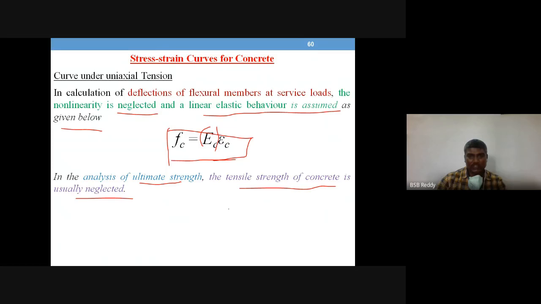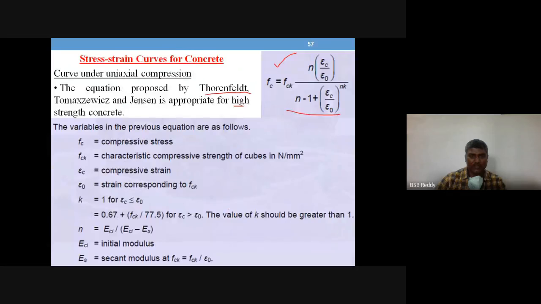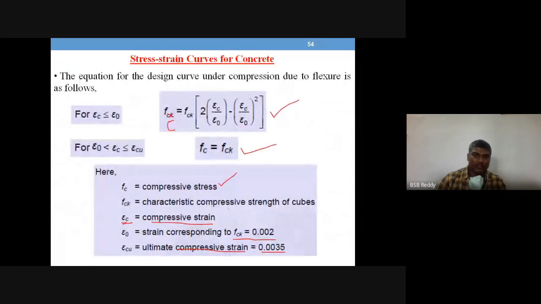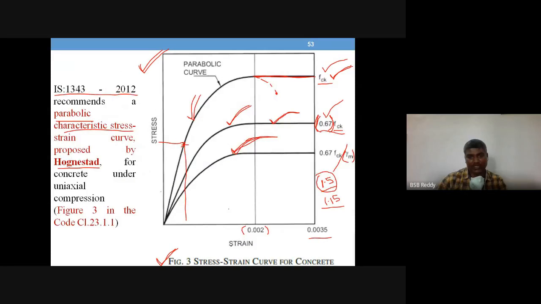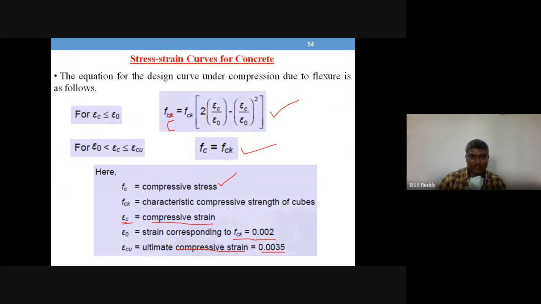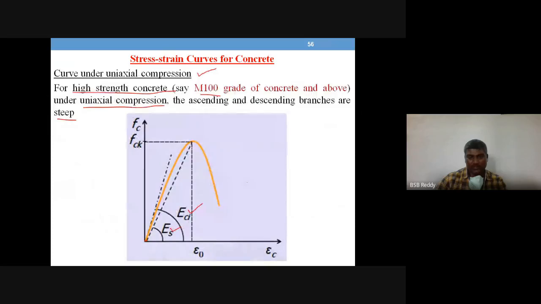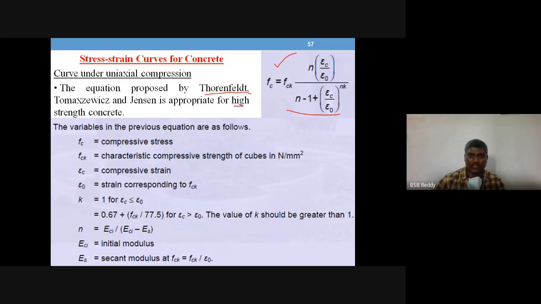Okay, so this is about the stress strain characteristics of the concrete. For concretes of grades M80 and less, we use figure 3, and you have an equation form also for that curve. For concretes of grades more than 100, you can have this curve, and if you want an equation for that, this is the equation proposed by Thorenfeld and others.